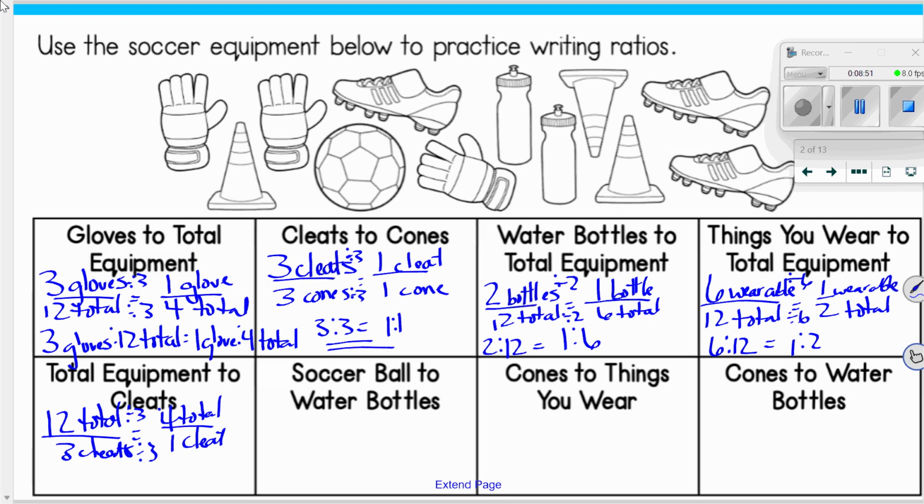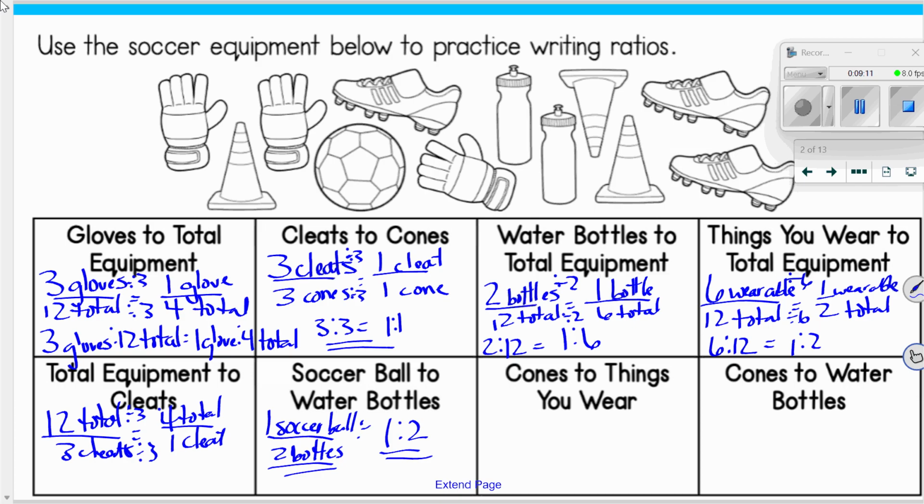What about soccer balls to water bottles? Divide those by nothing. That's actually the simplest form.